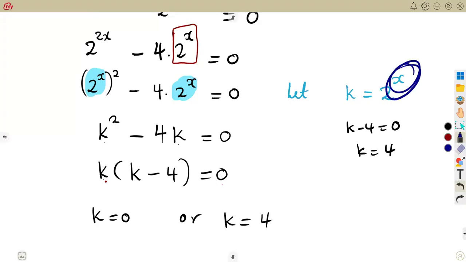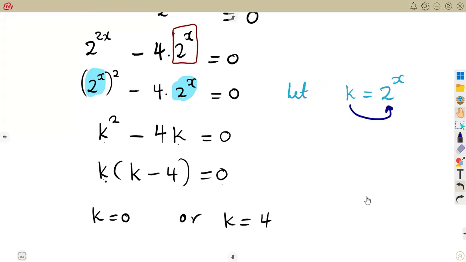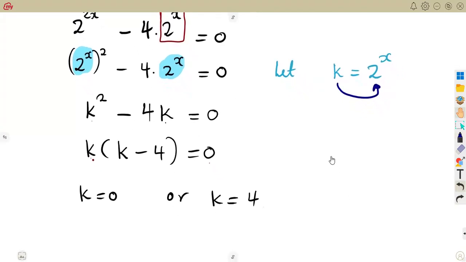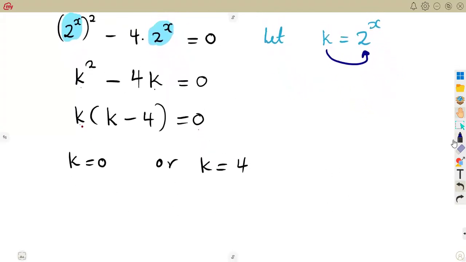The equation is in terms of x. After having this value of k, we are going to substitute where we introduced the k to solve for x now. So if k is equal to 2 to the exponent of x, our k being 0, are we going to have a solution there?